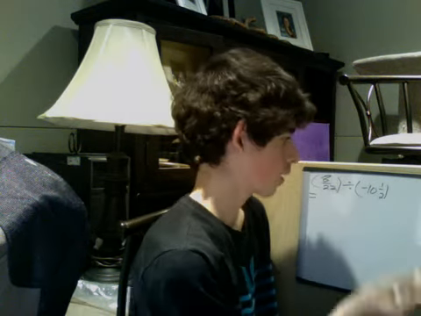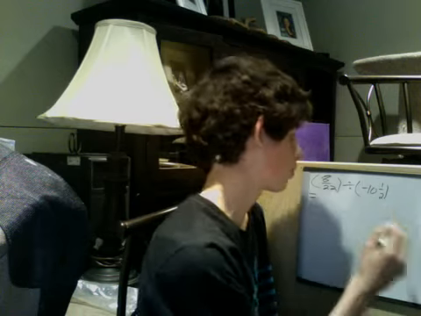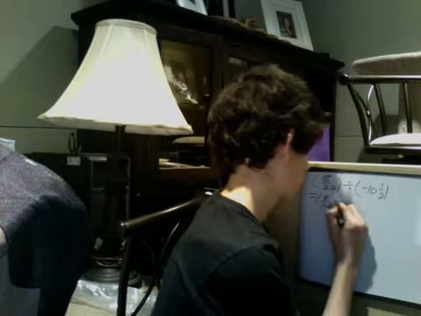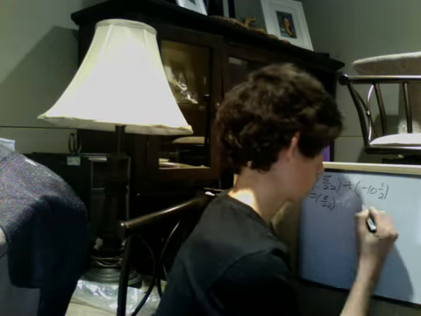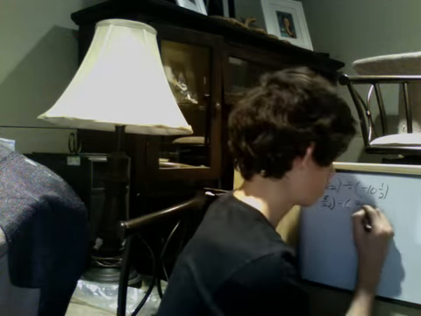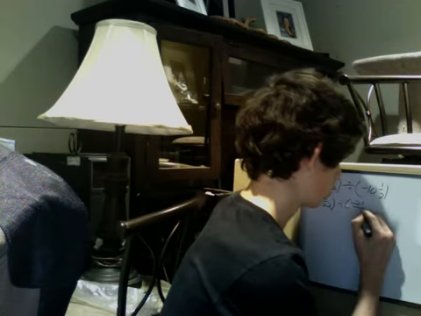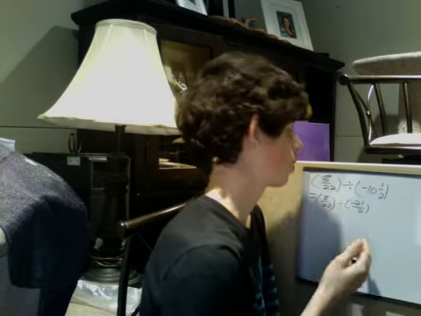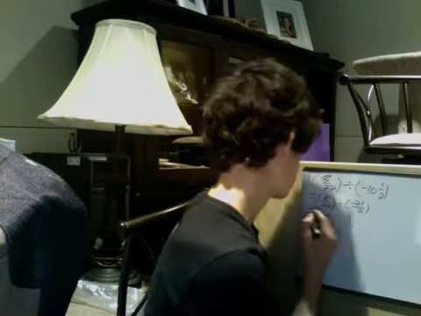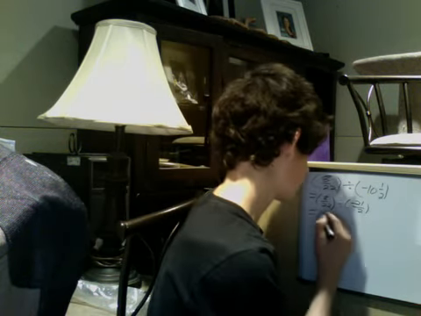So first you have to turn the mixed number into an improper fraction. Two times 10 is 20, plus 1 is 21, so -21/2.